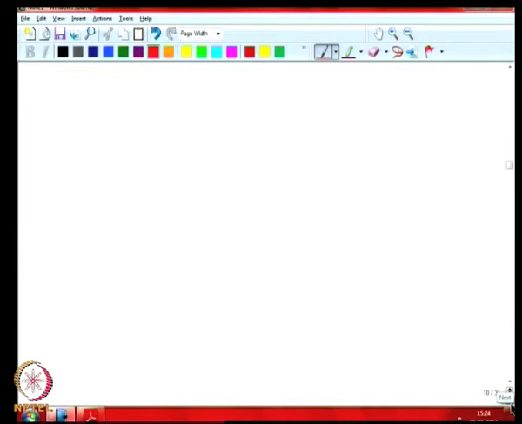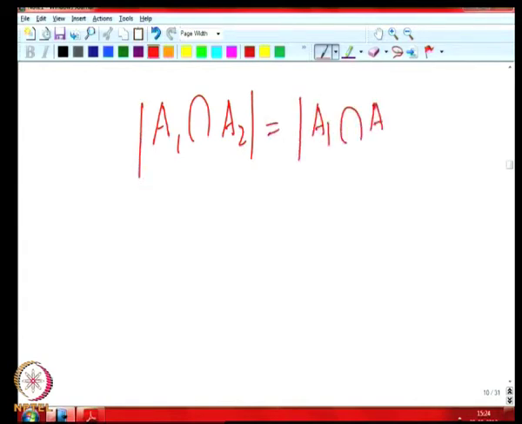Therefore, the cardinality of A1 intersection A2 is equal to that of A1 intersection A3, which is equal to that of A2 intersection A3. All the 3 selections of 2 sets, their cardinalities are all the same. These are all 8 to the power 5.